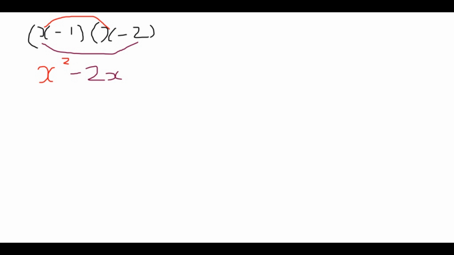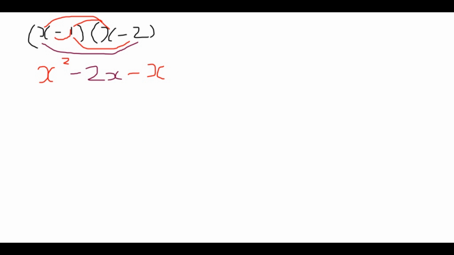So next we'll multiply negative 1 by x. So we'll have negative x or negative 1x. Then multiply negative 1 by negative 2.